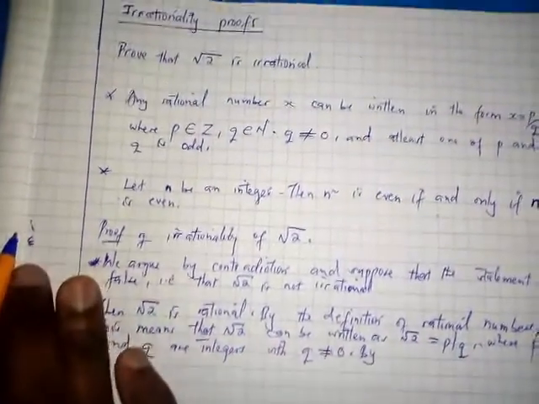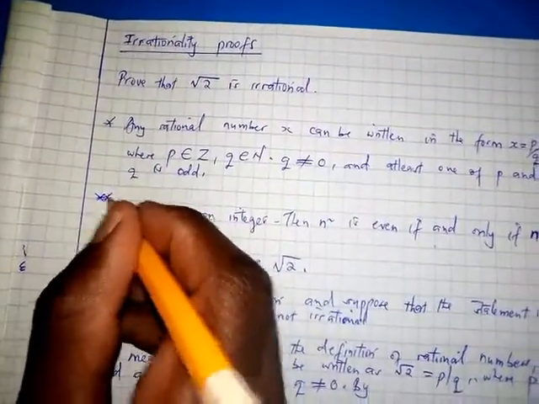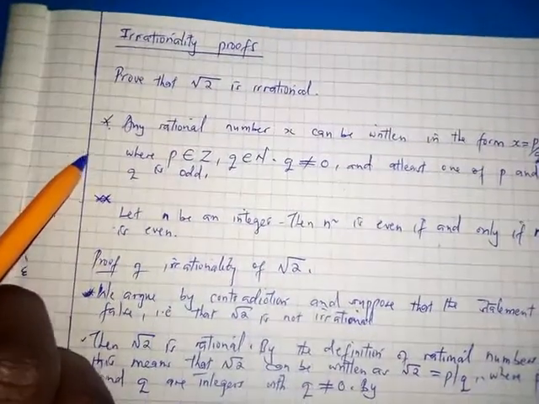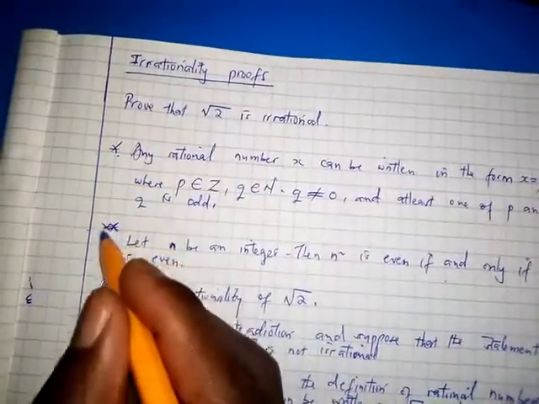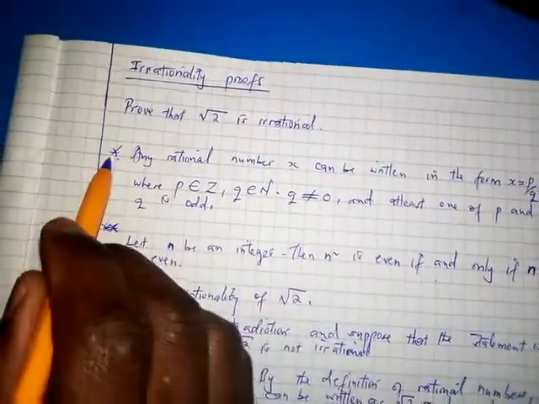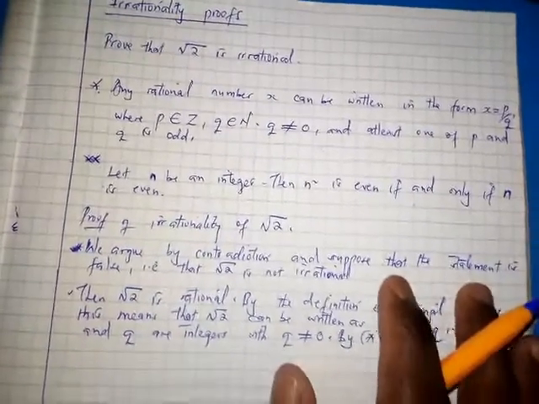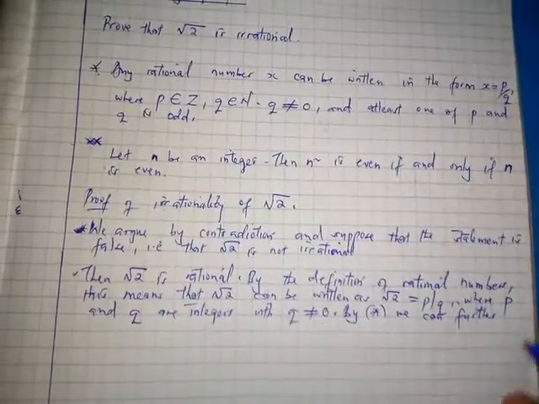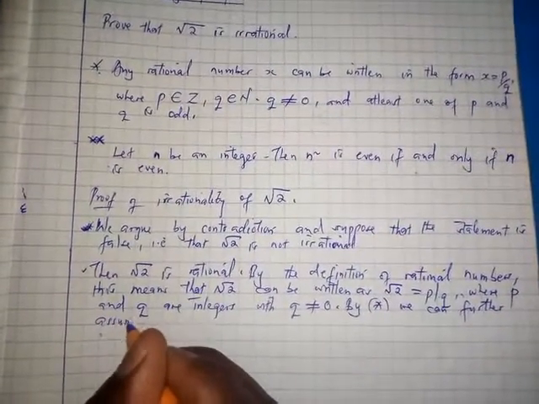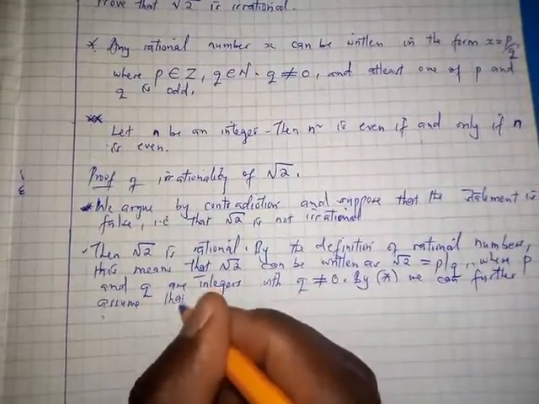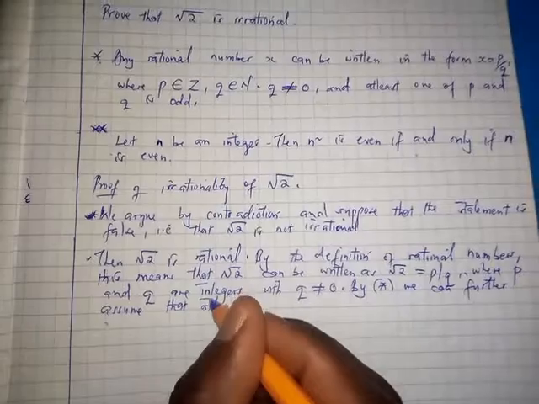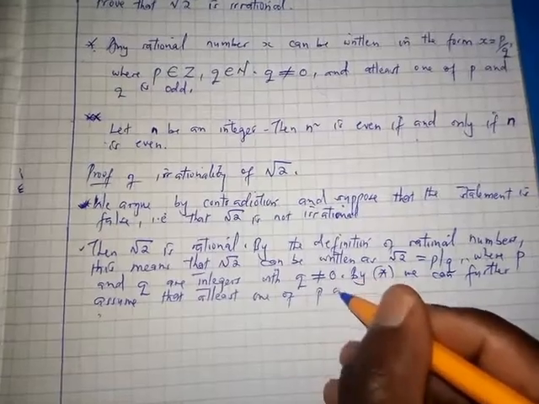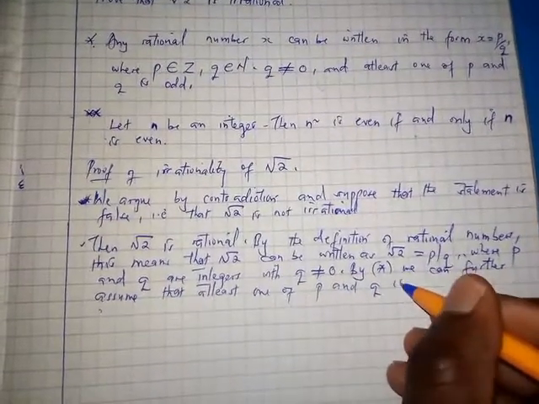By this result, we can further assume that at least one of p and q is odd.